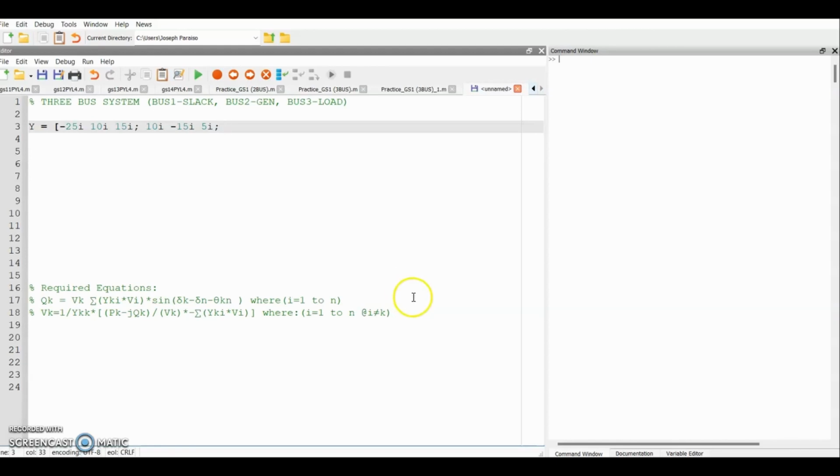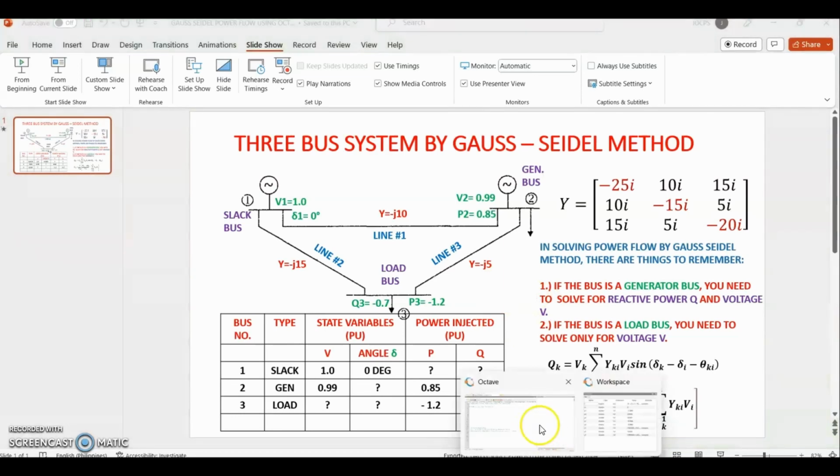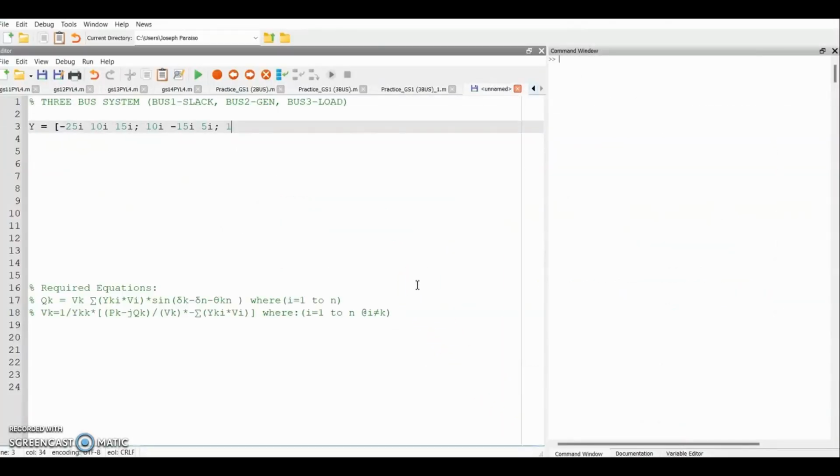So for the last row, we have 15i, 5i, and 20i. 15i, 5i, negative 20i. Close bracket.